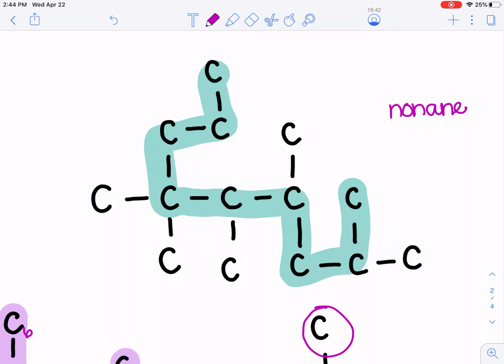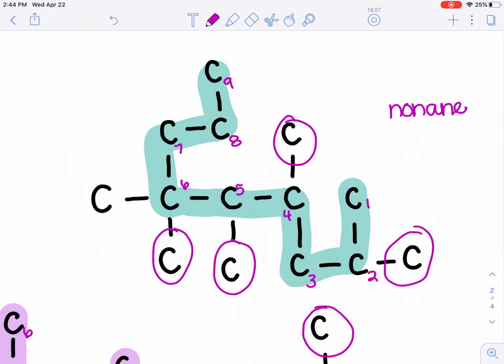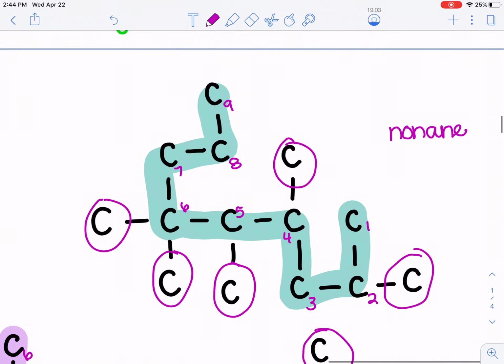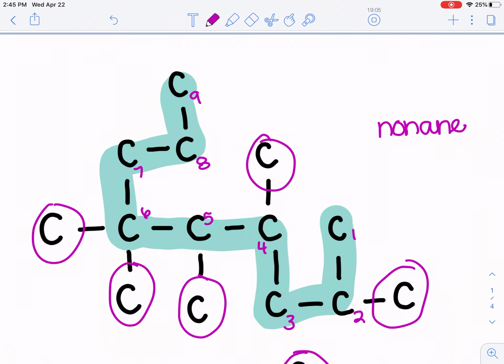And I think we want to number from this direction. 3, 4. Okay, all of our branches are methyls. 1, 2, 3, 4, 5 methyls. Okay, I'm going to write my numbers in numerical order.